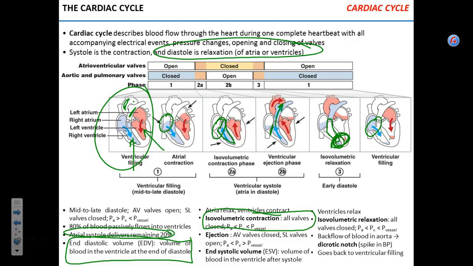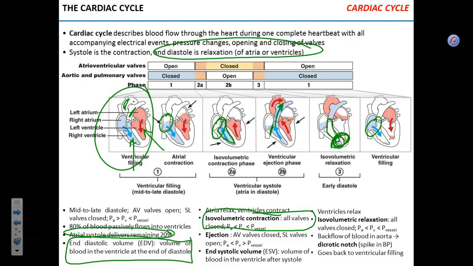What do you need to do with EDV and ESV? Amount of blood that is pumped out of the heart equals what from what? You say it out loud. You subtract ESV from EDV.